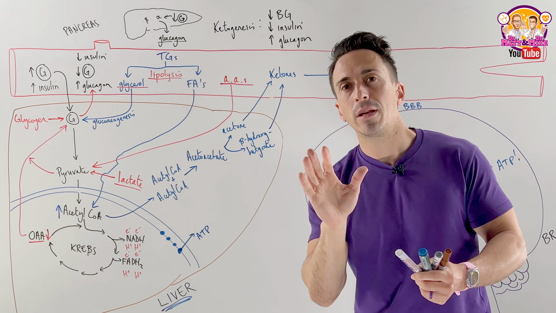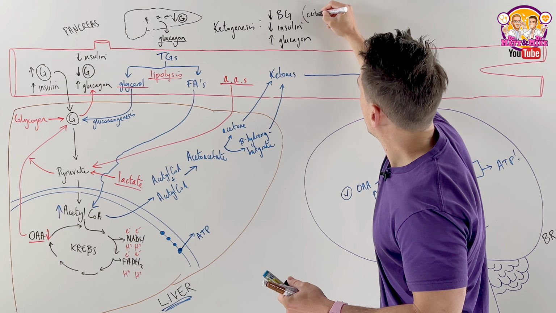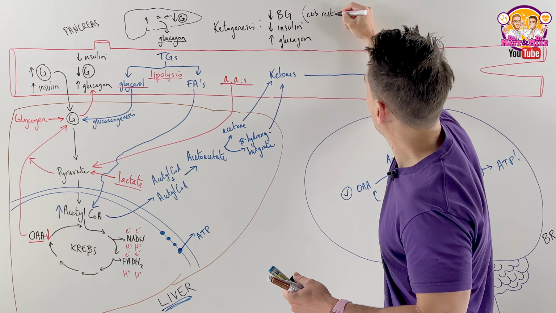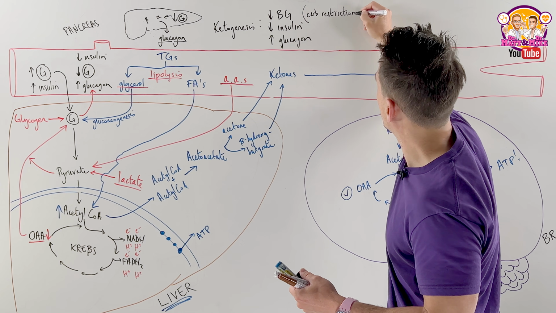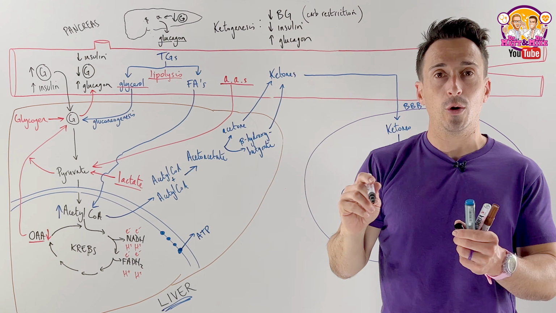Now, in a healthy individual, this generally just happens through carbohydrate restriction, because that's a drop in blood glucose, which will drop your insulin, which will raise your glucagon.